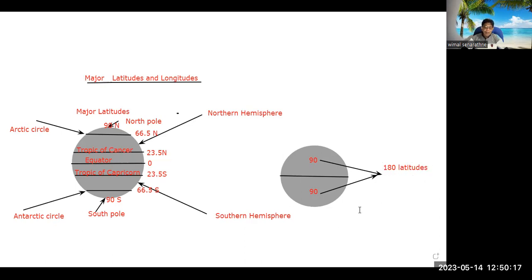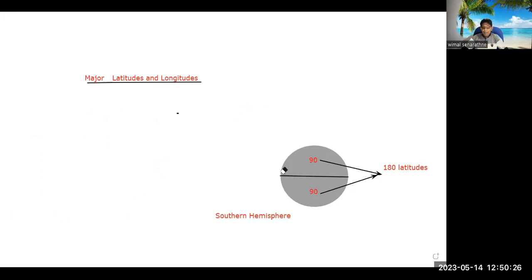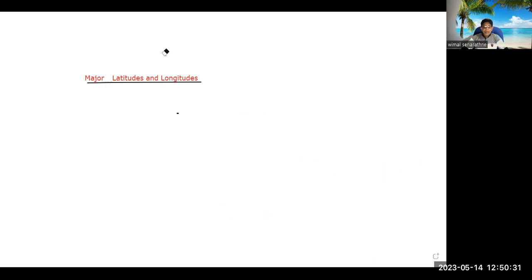Right. Now, that is about latitudes. Then let's learn about longitudes. What are longitudes? Longitudes are the imaginary lines found on the model globe between the North Pole and the South Pole. This is the North Pole.